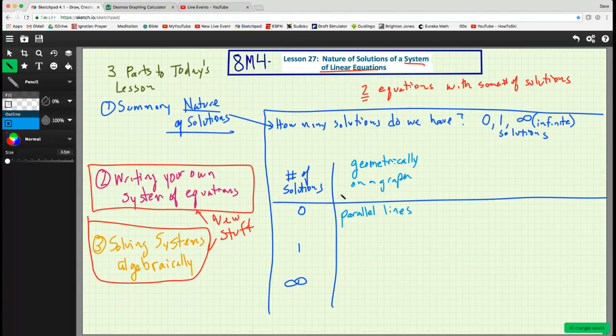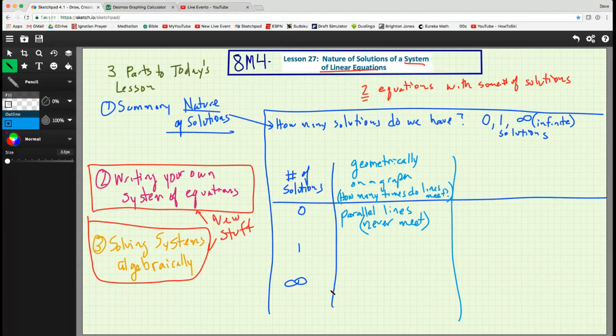And really, geometrically, we're asking the question, how many times do the lines meet? These are parallel lines, so number of solutions, parallel lines never meet.